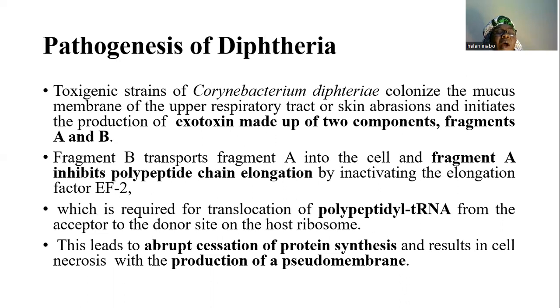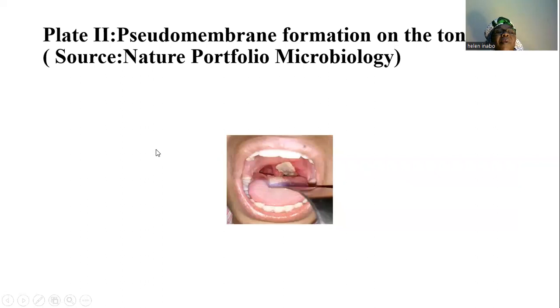This EF2 is required for translocation of polypeptidyl transfer RNA or tRNA from the acceptor site to the donor site on the host ribosome. This leads to abrupt cessation of protein synthesis and therefore leads to cell necrosis with the production of a pseudomembrane. Here is a picture of a patient with the pseudomembrane formation on the tonsils.